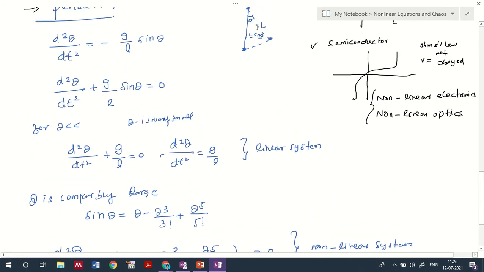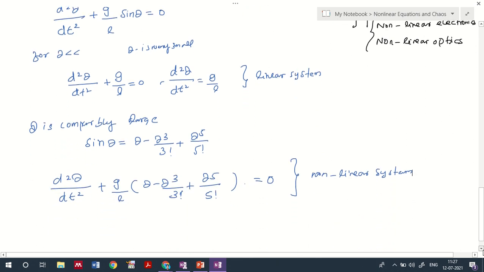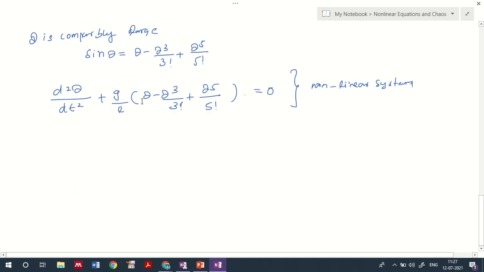The change in theta will be larger for larger values of theta, and you have to accommodate sine theta there, where sine theta is theta minus theta cube by 3 factorial.